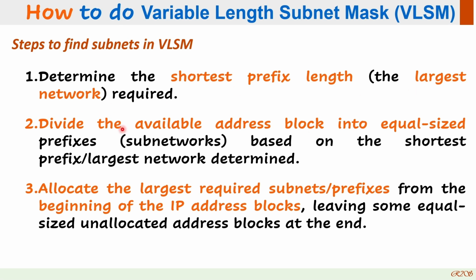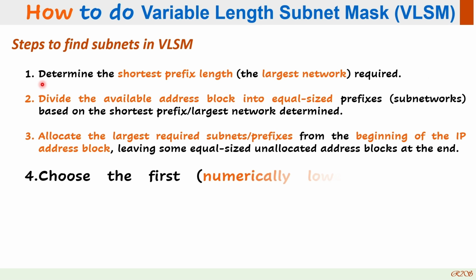When we are done with the equal size subnetting, then we will allocate the largest subnetwork from the beginning of the IP address block. So the first subnet we get, we will allocate for the largest network we found in step 1.